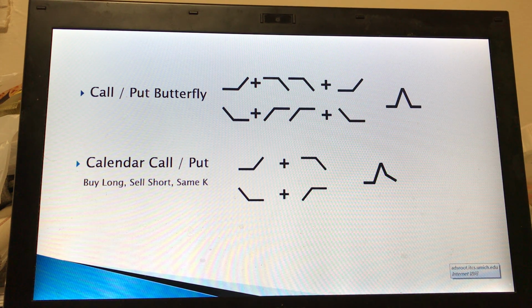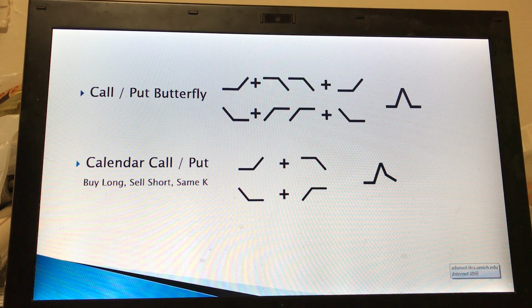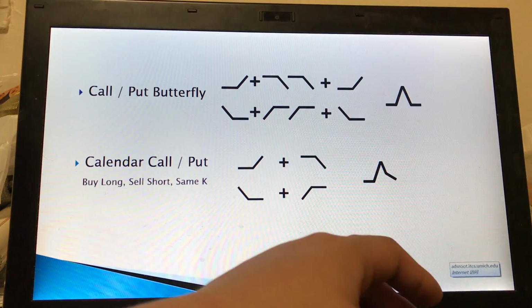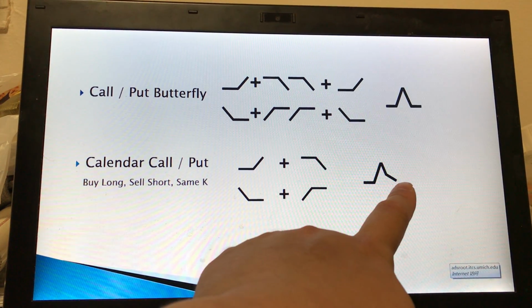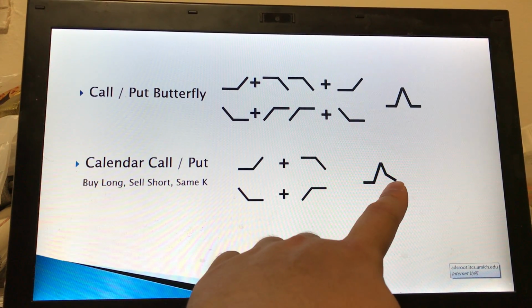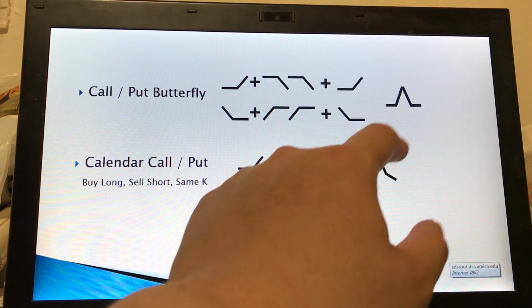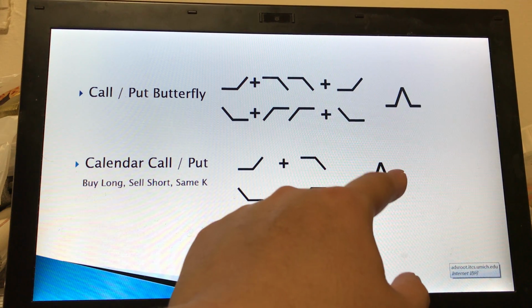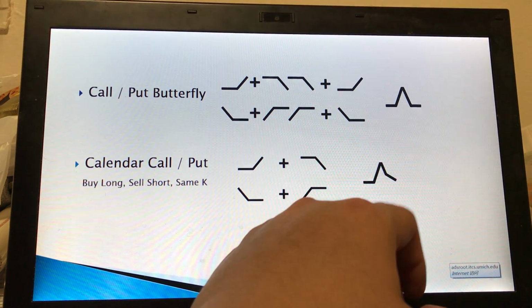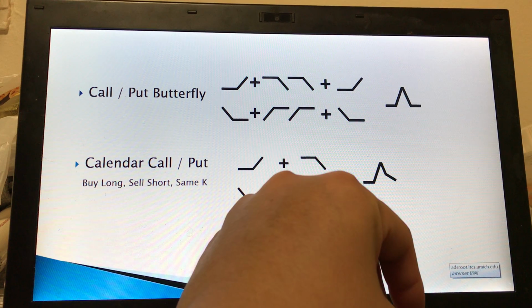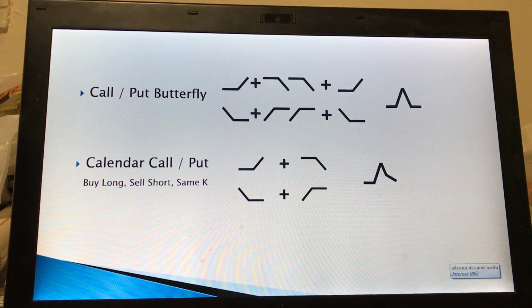However, one bad thing about this, compared to the diagonal call or diagonal put, is that if the stock goes in the positive direction, you will suffer a loss. But by doing a diagonal call or diagonal put, if the stock makes a positive movement, you will almost break even or even profit at expiration.